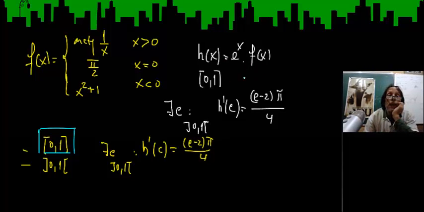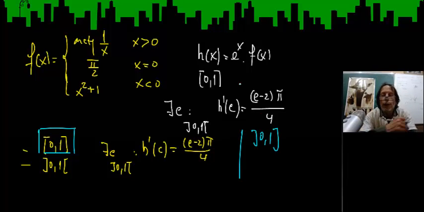Yes, I have, because if f is defined on the interval open at 0 and closed at 1, of course I have no problems, because I only have problems if this x over here is equal to 0, but I am taking off the number 0, okay, off.